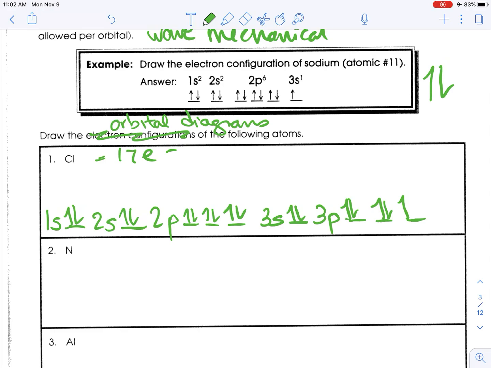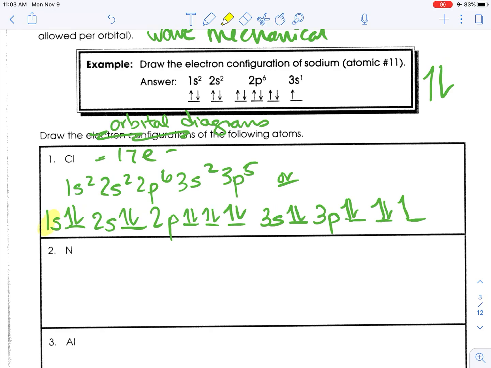The electron configuration would be 1s2, 2s2, 2p6. These superscripts represent the number of electrons. 3s2, 3p5. Or what you could do as a time-saving measure is you could use the closest noble gas, which is the group 18 element that you've already passed, which would be neon.